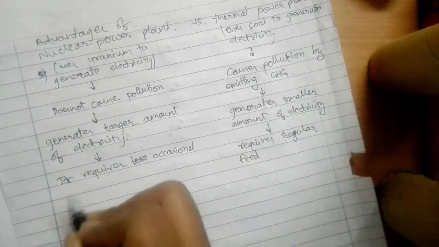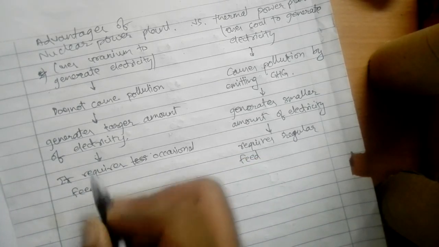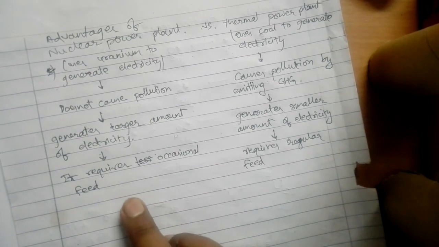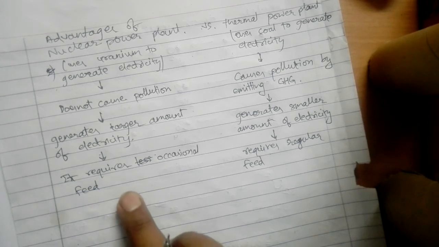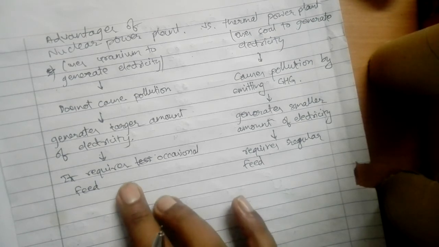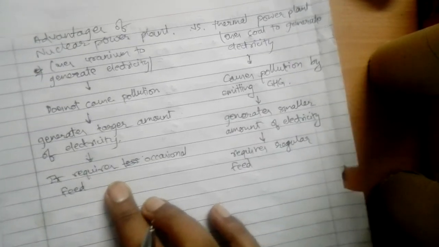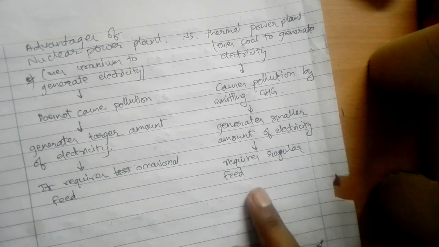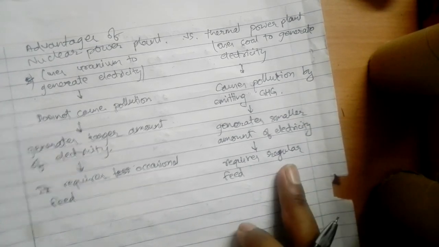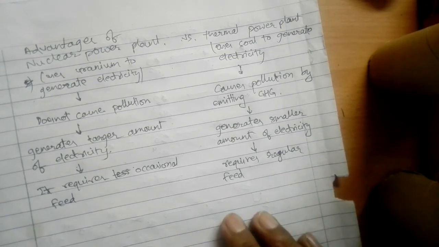Once you feed uranium in a nuclear power plant, it can generate electricity for almost a year, throughout a year, once you feed enriched uranium. But in a thermal power plant, you need to feed coal regularly, on a regular basis.